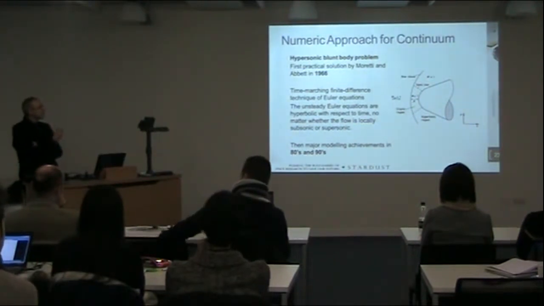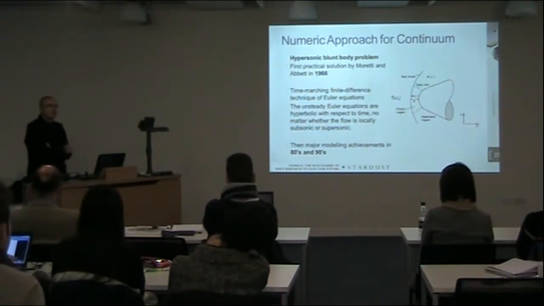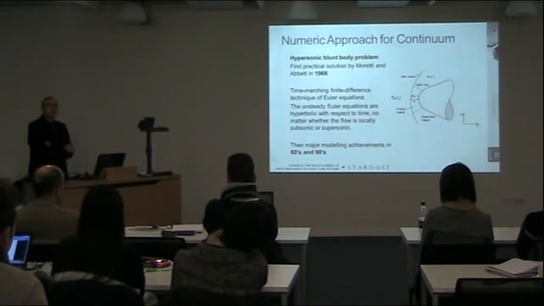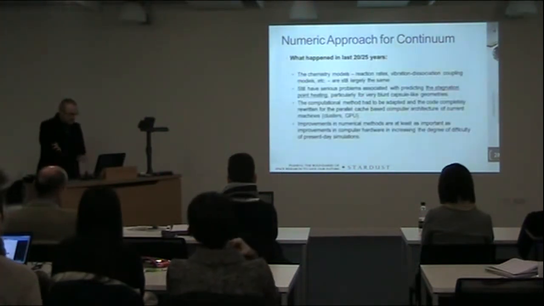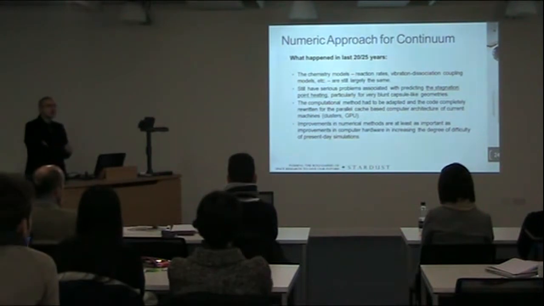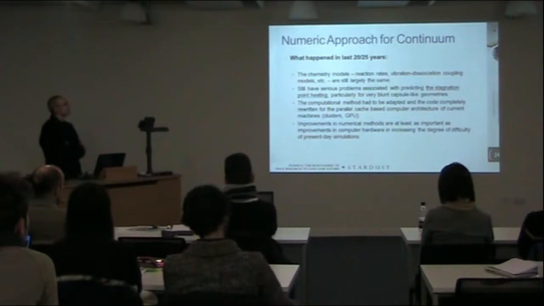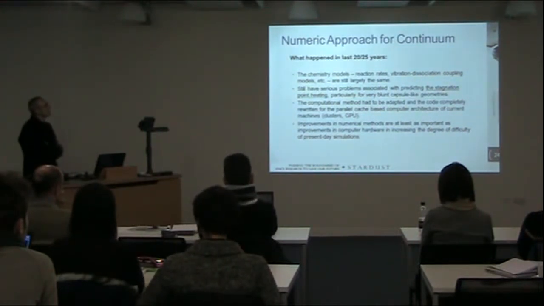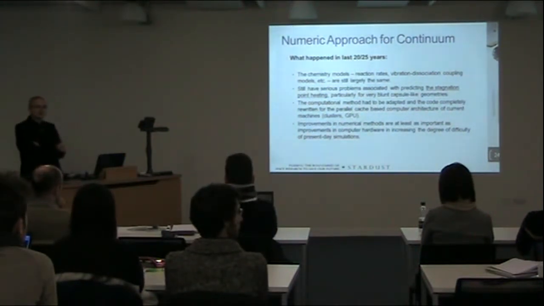After that, major achievements in terms of modeling were obtained in the 80s and 90s, as I said, because there was this big push in terms of space exploration and space plane design. And after 20-25 years, we still use more or less the same models. There are still problems to predict the heating at the stagnation point just behind the shock wave.